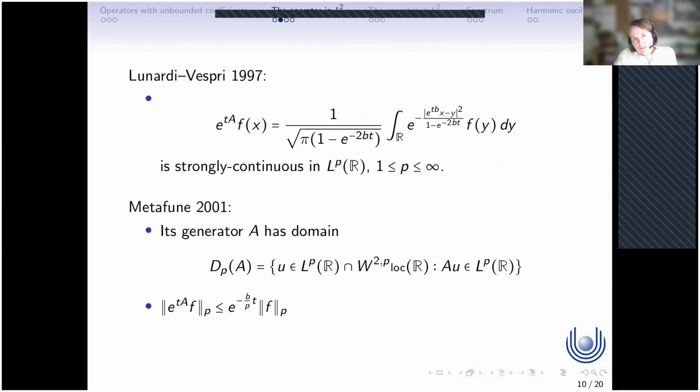Lunardi and Vespri could prove, however, that these semigroups are strongly continuous if you just study LP spaces. But still, it was not clear what the operator was, till Giorgio Metafune in 2001 showed that this is the right domain of the operator and could prove this growth estimate for the semigroup.